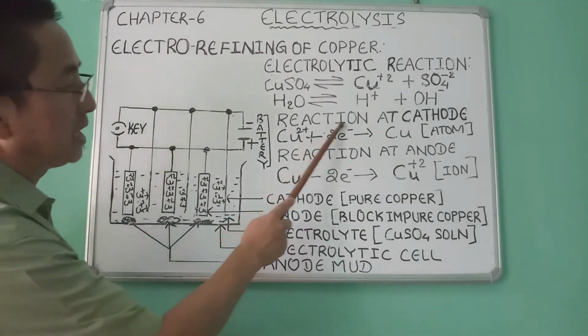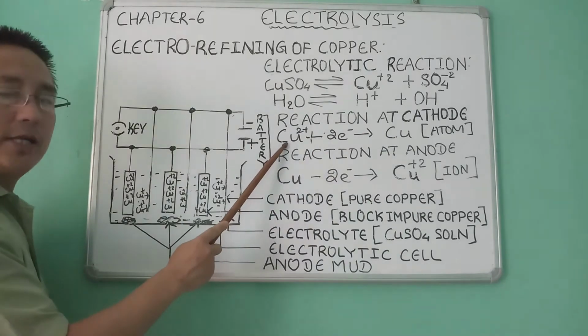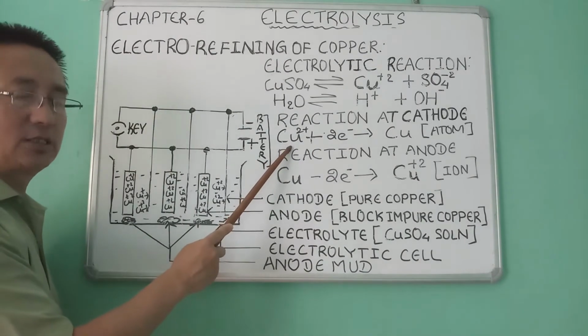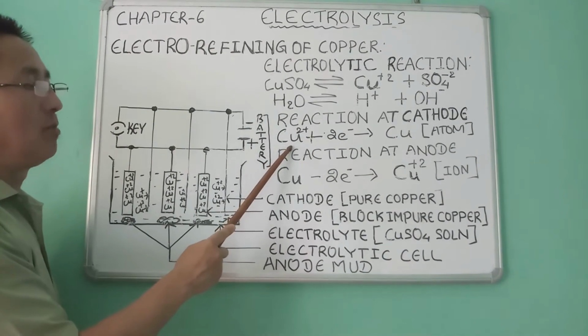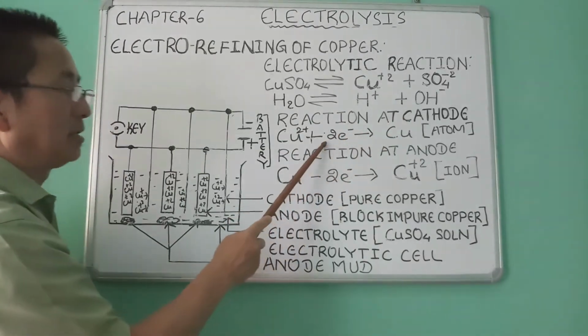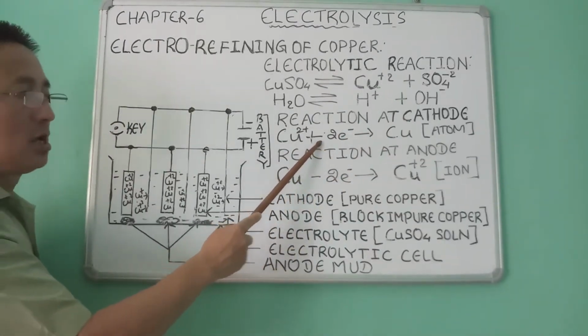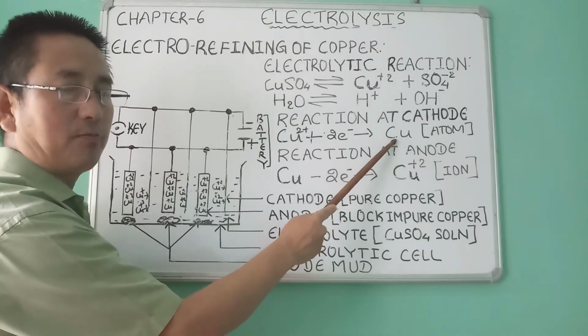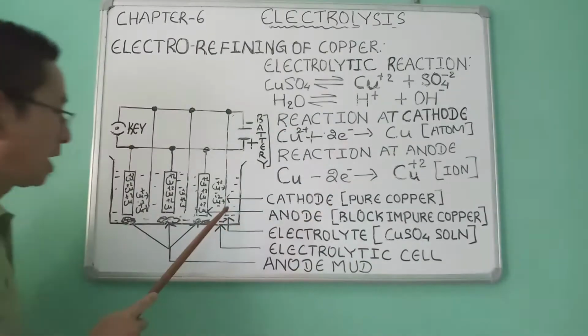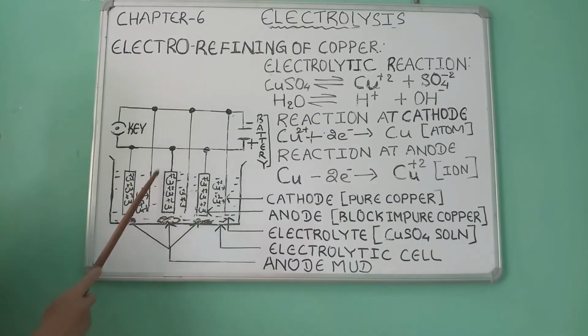Therefore, reaction at the cathode: copper ions get reduced, or get discharged, or become neutral at the cathode by the gain of electrons and form neutral copper atoms, and these copper atoms get deposited at the cathode.